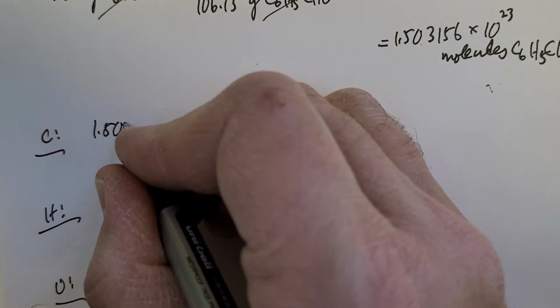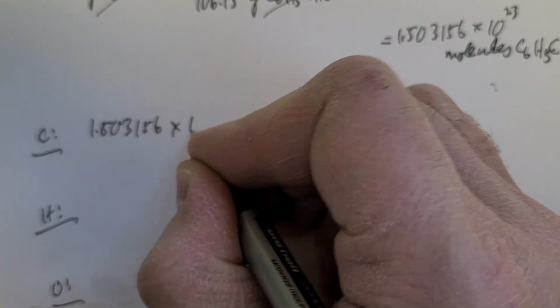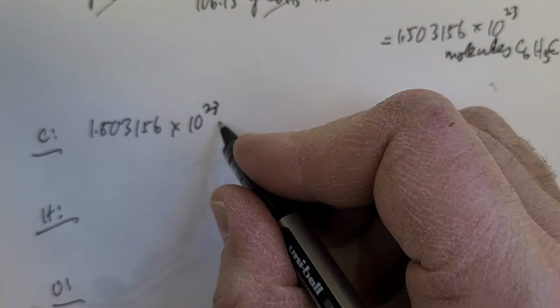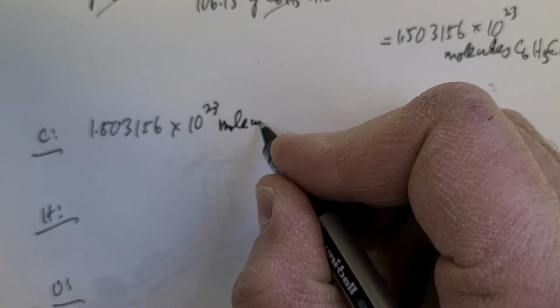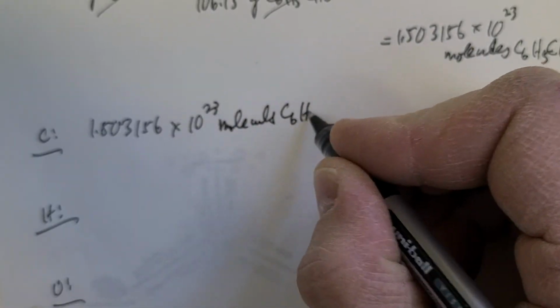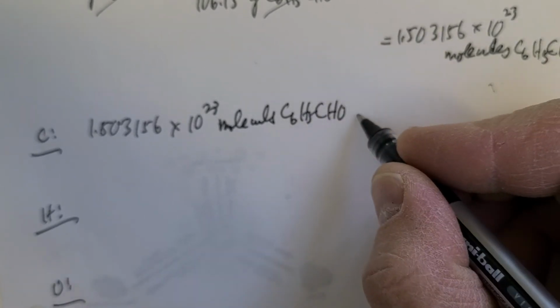So start from here. This is where I left off: 1.503156, and again, don't round off, molecules of C6H5CHO.